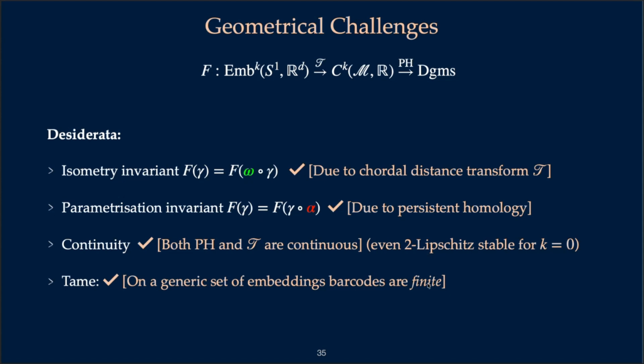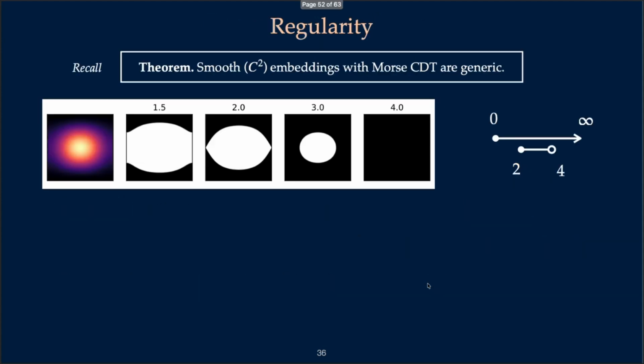And if you again drop this k equals 0 condition, drop demands on higher derivatives and only look at continuous embeddings, this whole thing is also 2-Lipschitz. And it's a generic subset of embeddings. I'll expand on this in a bit. We called it a theorem that we proved earlier: the smooth embeddings with finitely many non-degenerate critical points are generic.